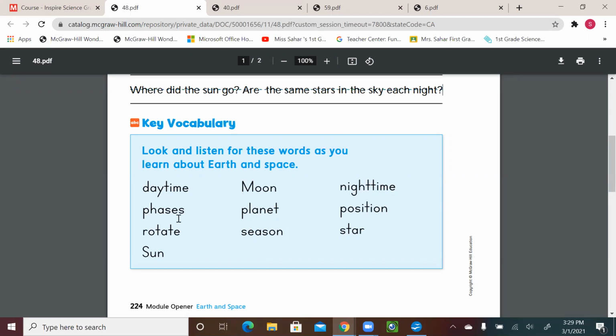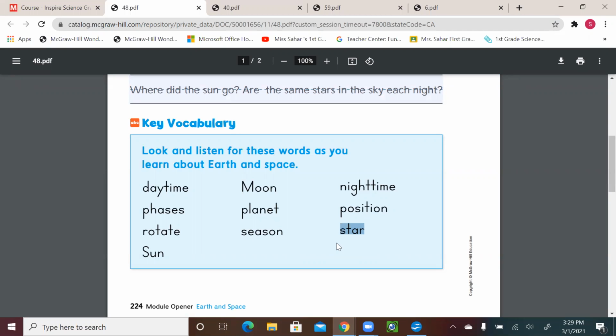Daytime, phases, rotate, sun, moon, planet, season, nighttime, position, and star. So we're gonna get more explanation for these words when we see them in the different lessons.